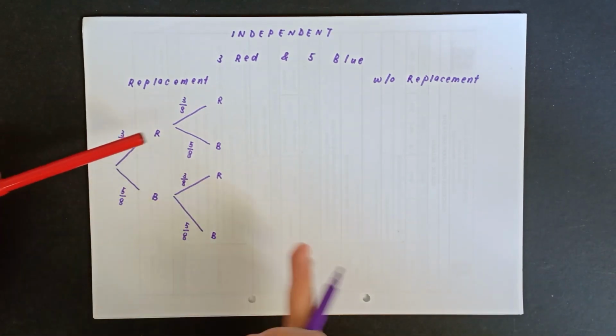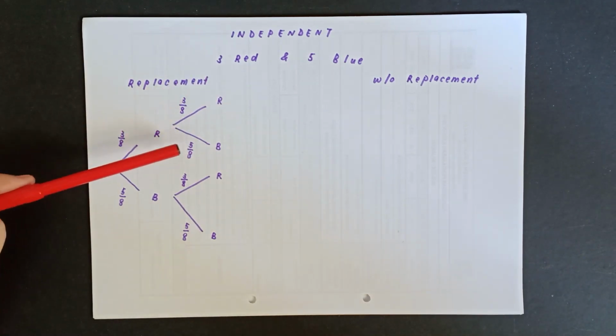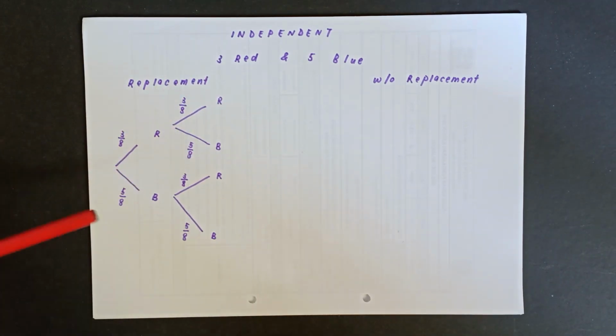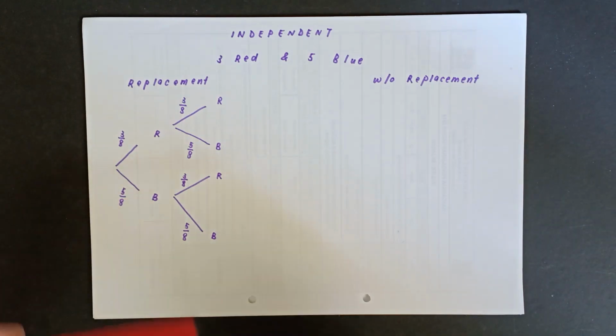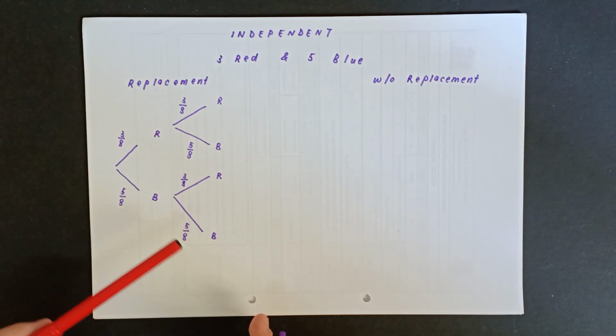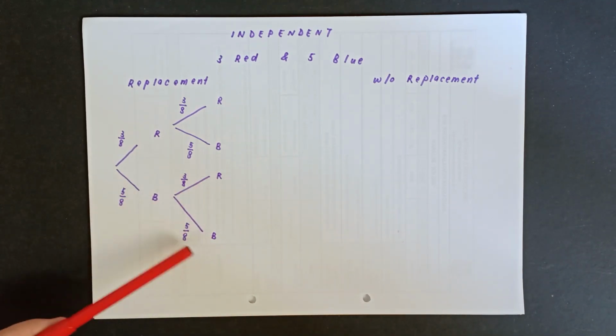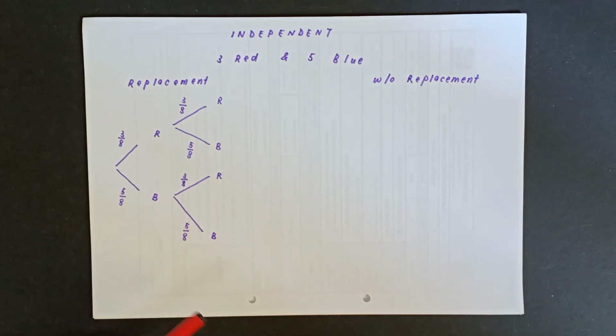When I do the second stage, it is going to be 3/8, 5/8. Then if the first time I get a blue one, to continue, it's still going to be 3/8 for a red one and 5/8 for a blue one.